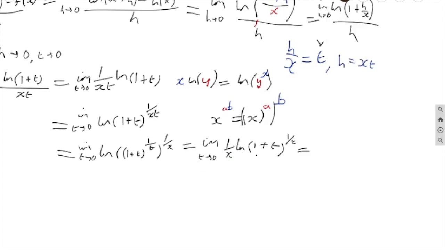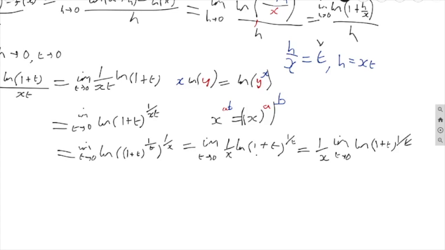So we can instead say that we're looking for 1 over x times the limit as t goes to 0 of ln of (1 plus t) to the 1 divided by t.